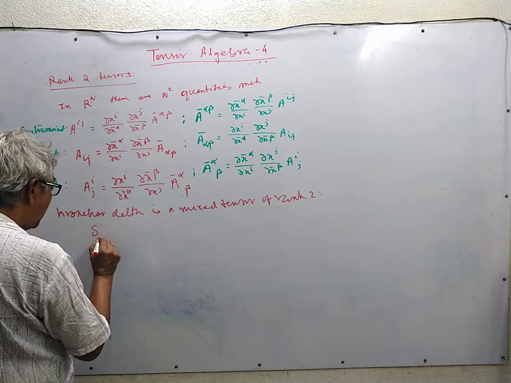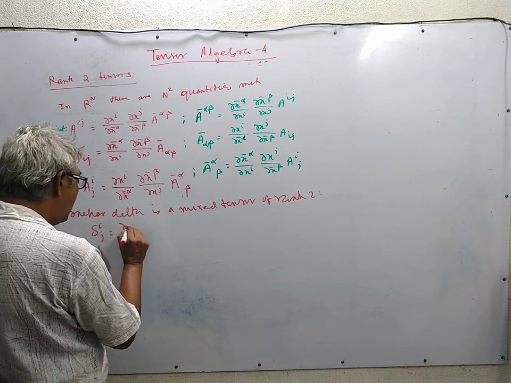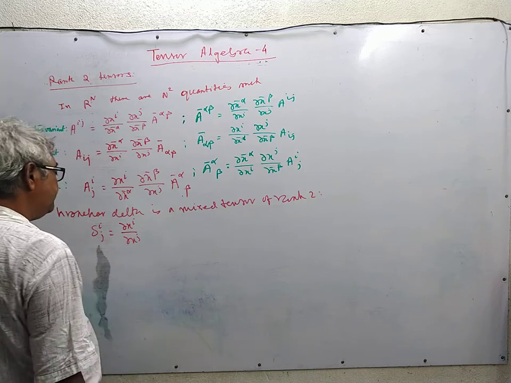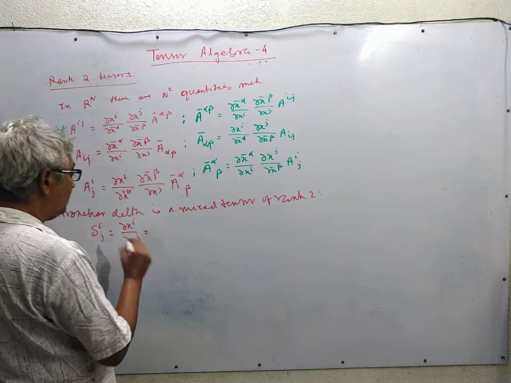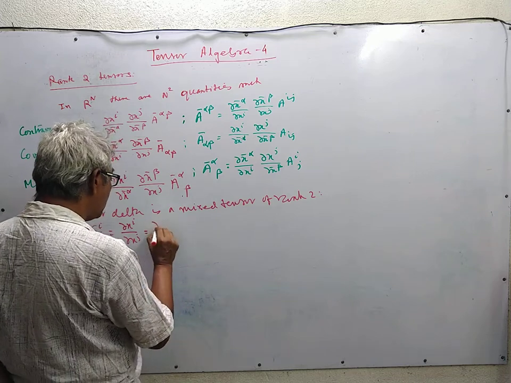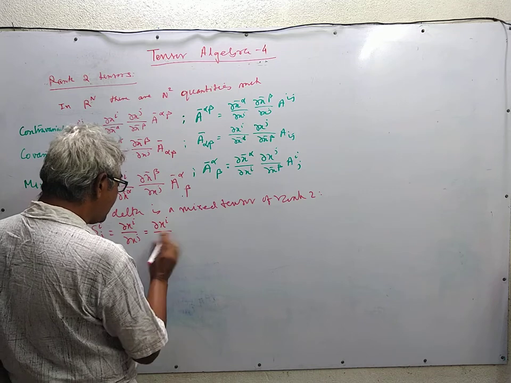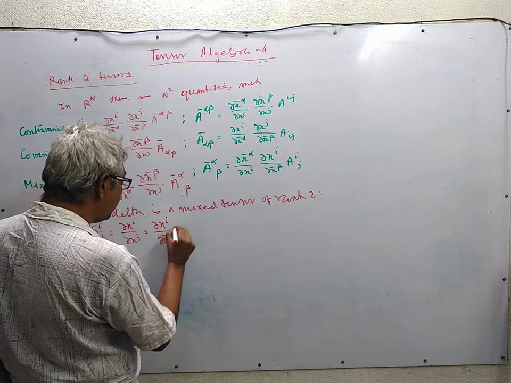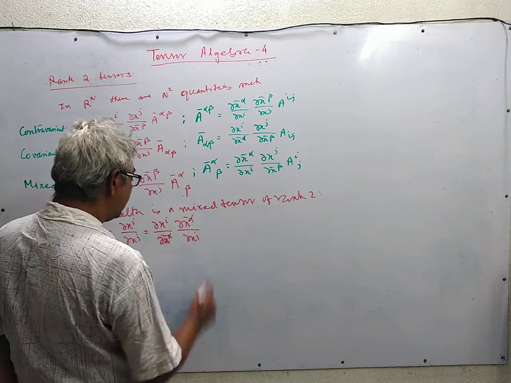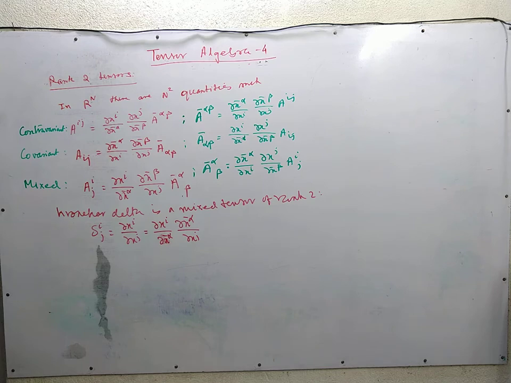This is delta i j is equal to del xi del xj. We now use the figure of coordinate transformation. So we write del xi del x bar alpha, del x bar alpha del xj. Here the sum over alpha is implied.